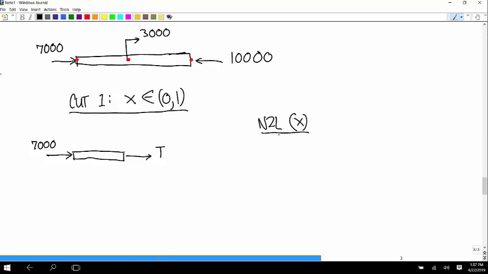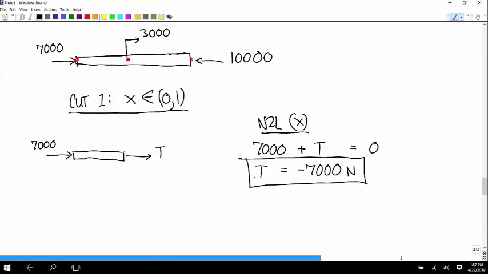And so the X component of Newton's second law says 7,000 plus T is equal to 0. So the internal tension for that piece is negative 7,000. And I skipped all the other stuff, but we would just see that the shear force is 0, the bending moment is 0.